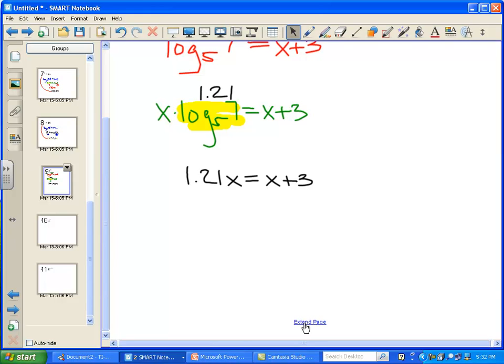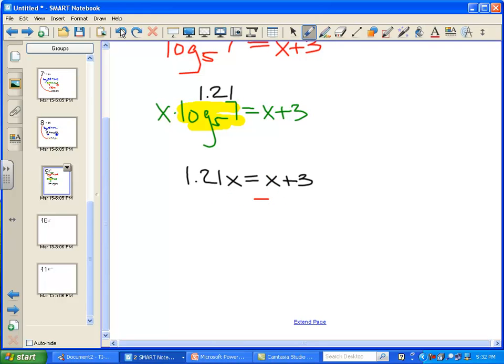And now when I solve this, again, it's just maybe a little bit more advanced Algebra 1 equation. We're going to move the x over, so we'll get rid of the x. And let's remember on the left side here what we're doing. We're taking 1.21 and we're subtracting x, and that's really like having a 1 in front of that x, so we're subtracting 1x.